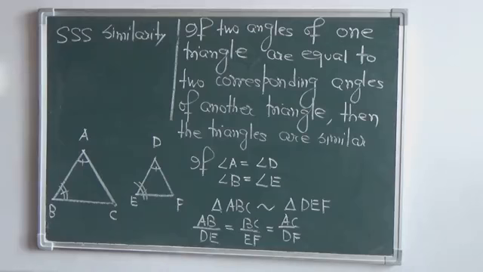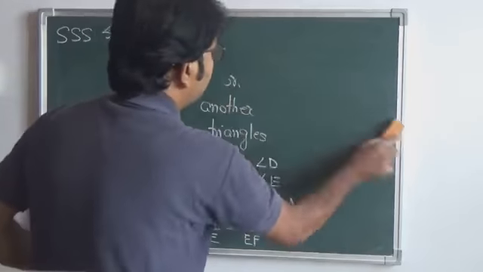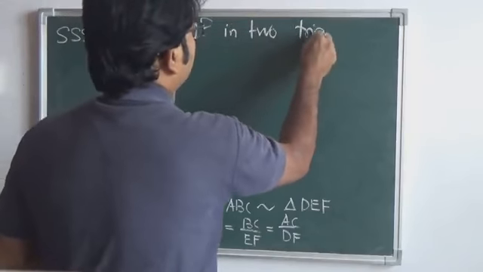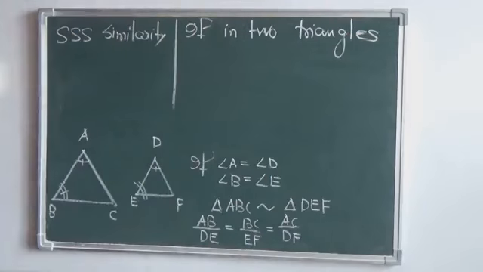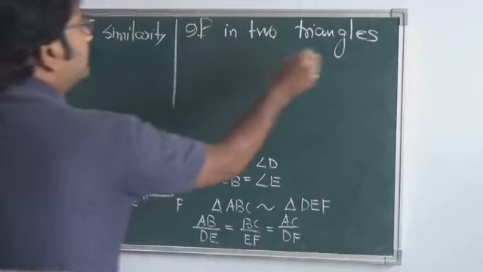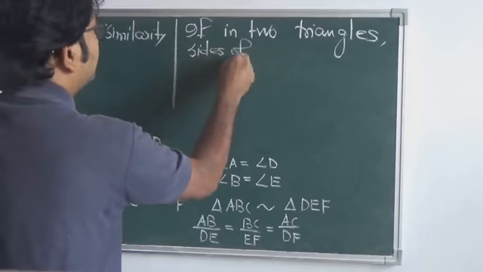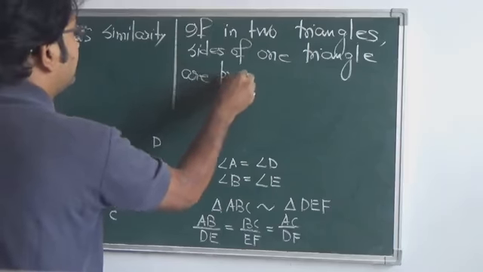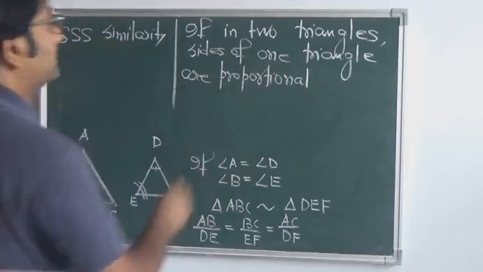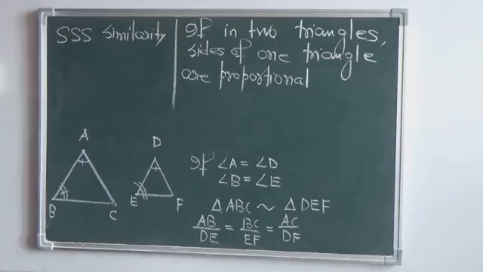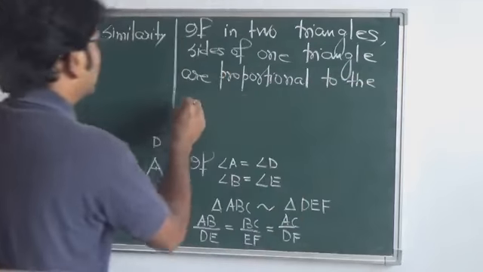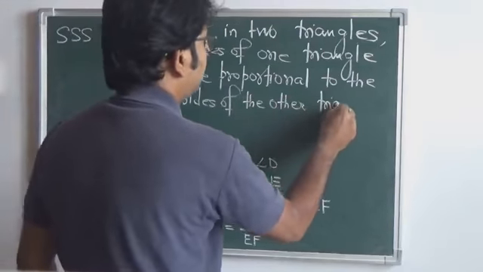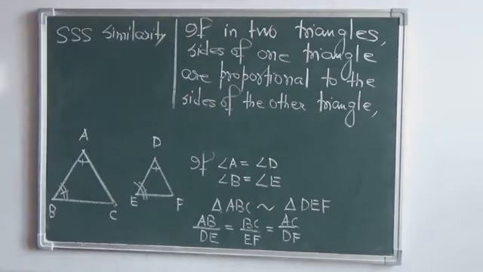So if in two triangles, sides of one triangle are proportional to the sides of the other triangle, then the triangles are similar.